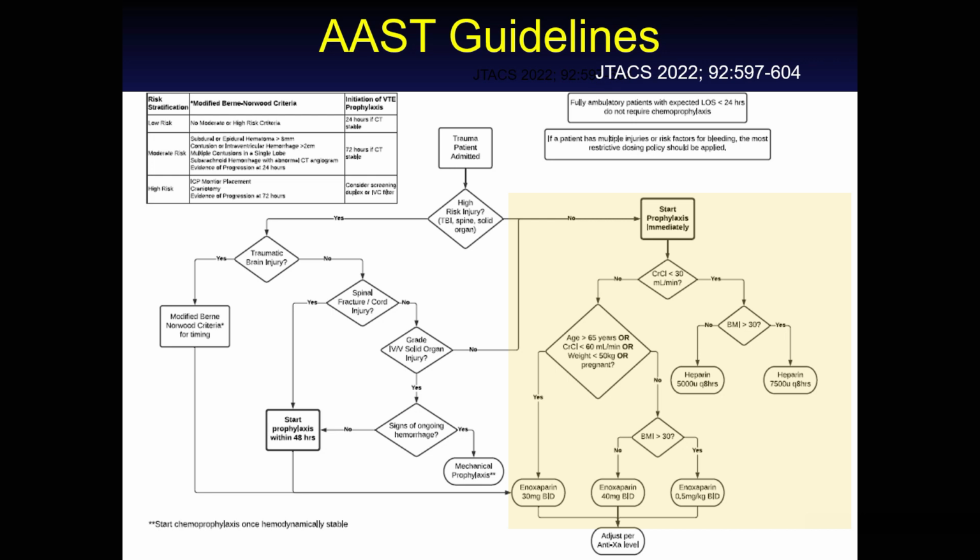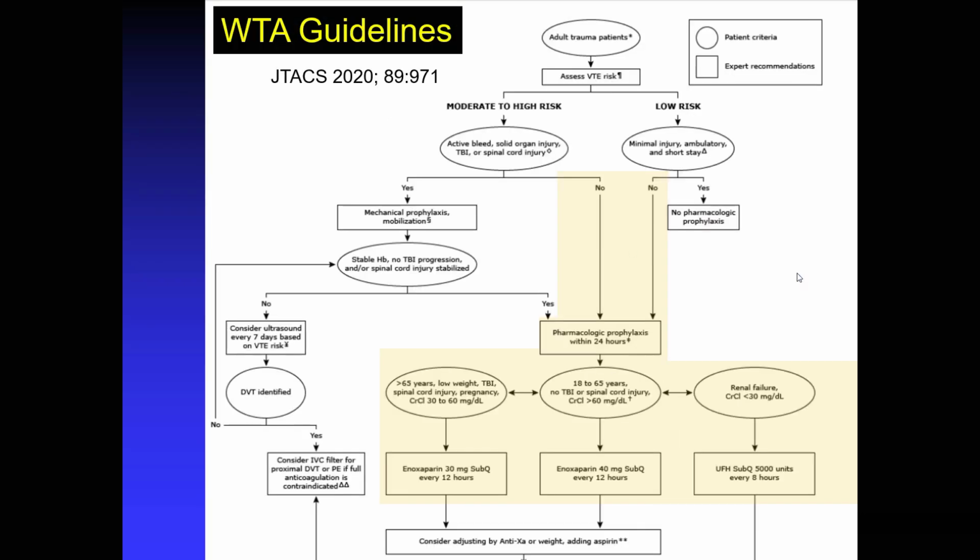Excluding patients with active bleeding, coagulopathy, traumatic brain injury, or spinal cord injury, all patients with ISS greater than 9 requiring admission should receive both VTE chemical prophylaxis and mechanical prophylaxis, as noted in the orange here in the AAST guidelines and here in the Western Trauma Association guidelines.